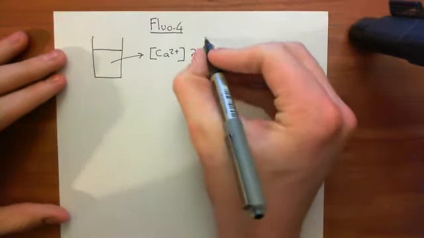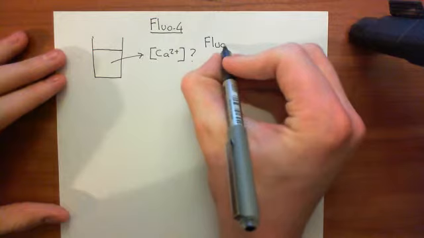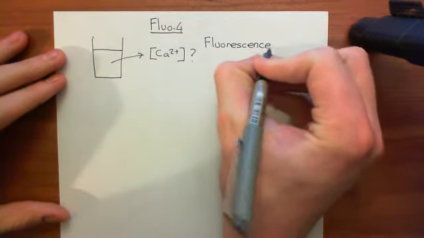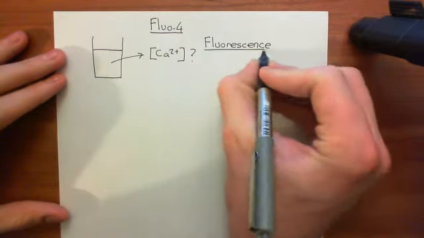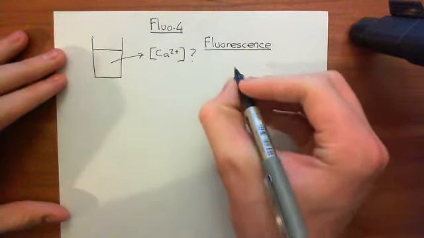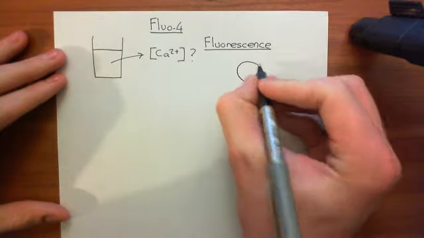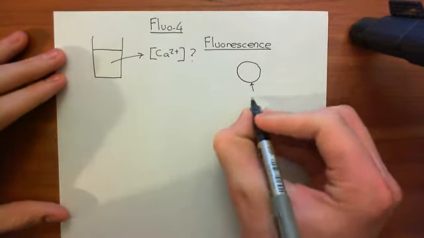Okay, so let's just have a brief reminder of what the concept of fluorescence is. So basically, the concept of fluorescence is that certain molecules, okay, and I'll just draw a molecule as a blob, but you can imagine that this maybe is Fluo-4.